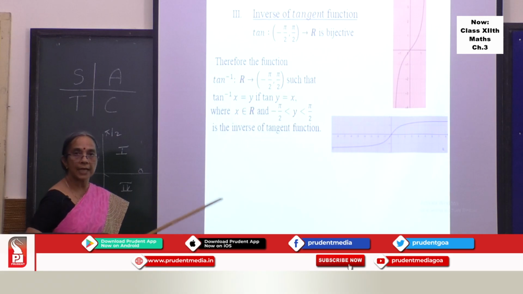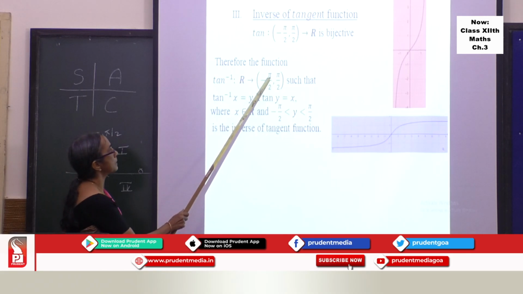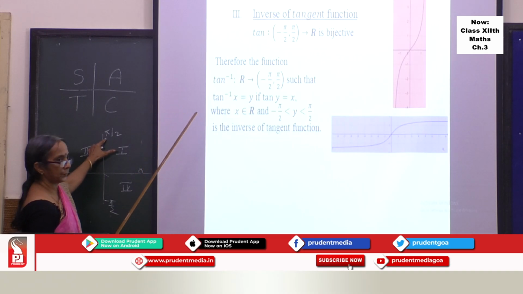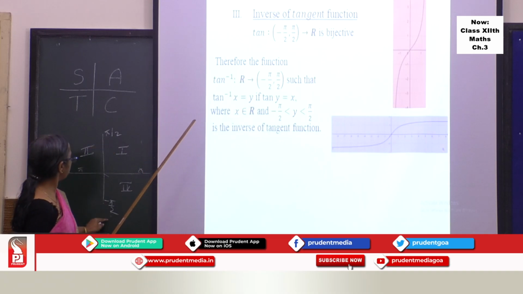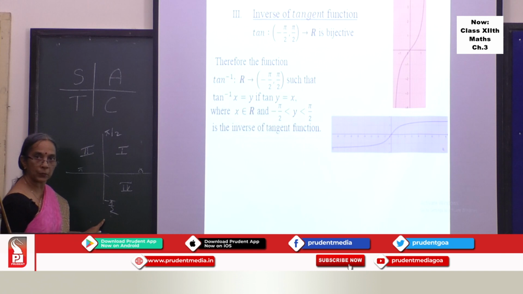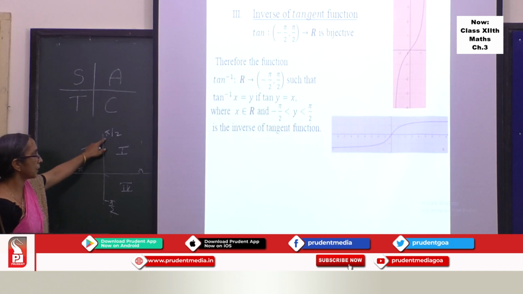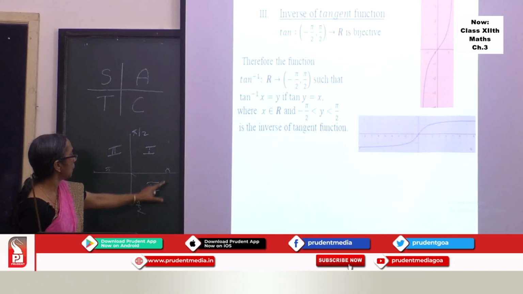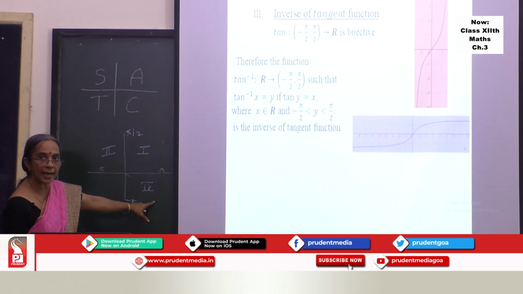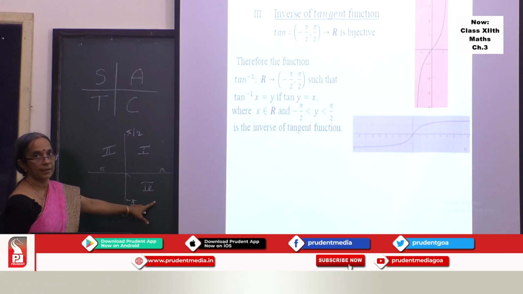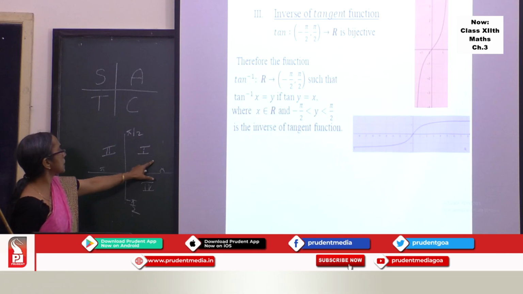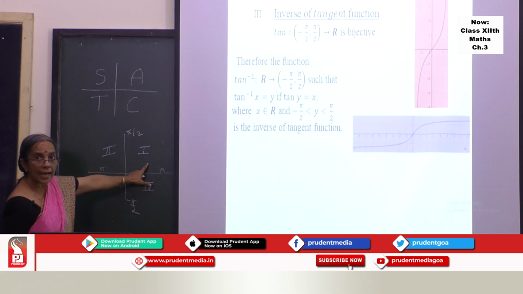It is like the sine function, we can break it into minus pi by 2 to 0 and 0 to pi by 2. Only minus pi by 2 is not included, and pi by 2 is not included. All values between minus pi by 2 and 0. So, in the fourth quadrant tan is negative. In ASTC, only cos is positive in the fourth, and in the first quadrant tan is positive.